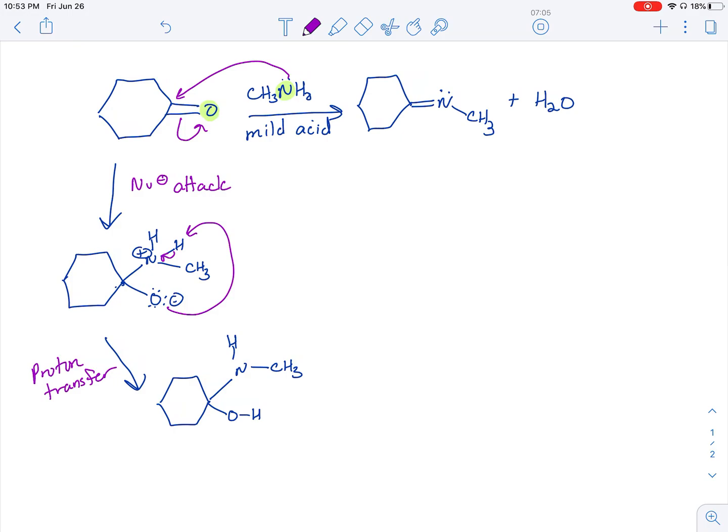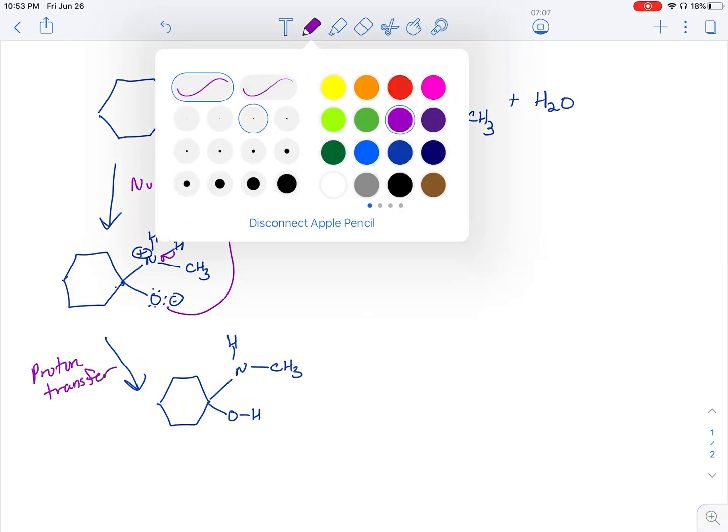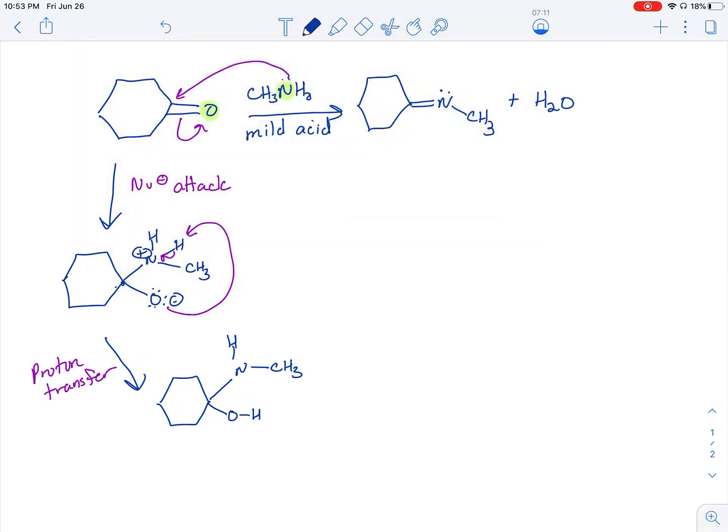All right, so now if we ask ourselves, well, okay, we know what we have to get to, right? We have to get to this product right here. And if we look at it, what is at the step that we just finished that's not in the product? Hopefully you realize that it's this OH here that is not in the product. Well, then we have to turn that into a good leaving group.